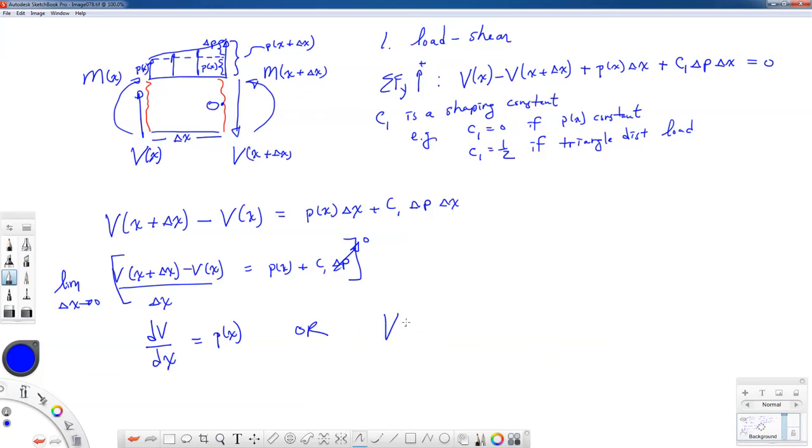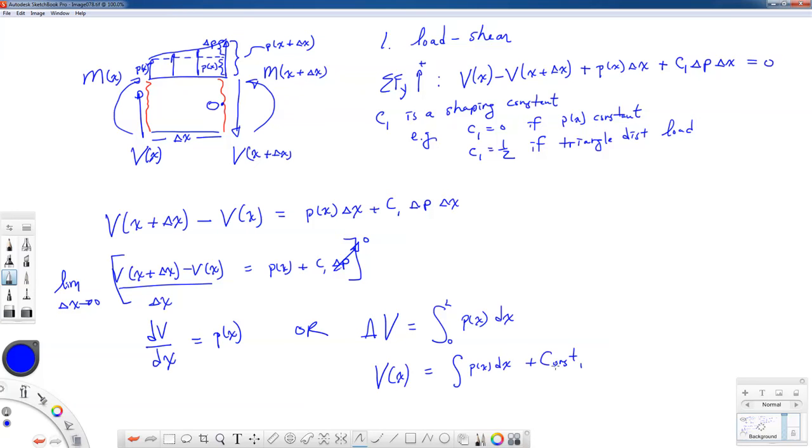So if we do that, the change in the shear force would be equal to an integral along the length of the beam of P of X dx. Or if we want to do this in terms of an indefinite integral, the shear force equation in the beam is going to be equal to an integral of P of X dx plus a constant of integration.